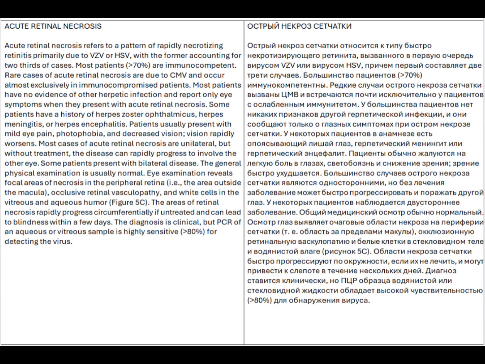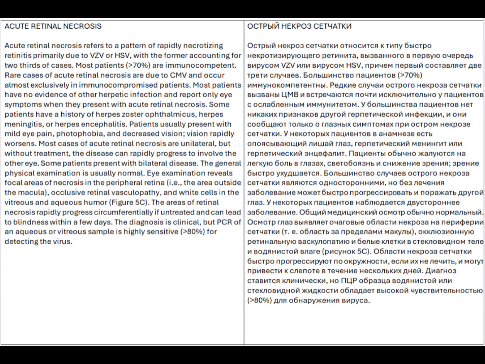Rare cases of acute retinal necrosis are due to CMV and occur almost exclusively in immunocompromised patients. Most patients have no evidence of other herpetic infection and report only eye symptoms when they present with acute retinal necrosis. Some patients have a history of herpes zoster ophthalmicus, herpes meningitis, or herpes encephalitis.